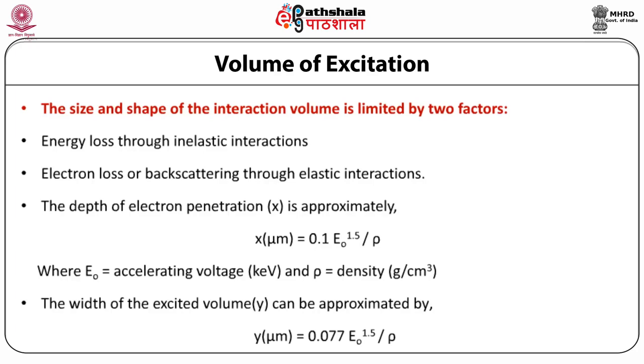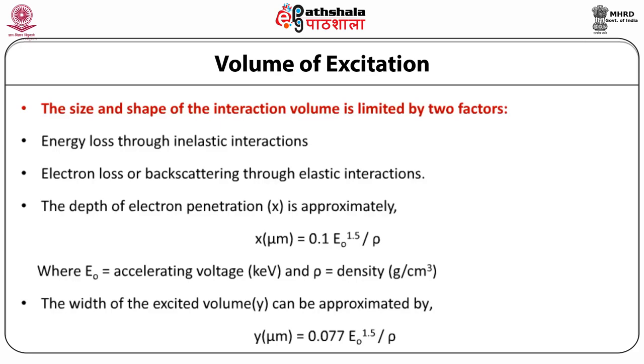Now, the factors influencing the interaction volume are: first, the influence of beam energy on the interaction volume. Here, as the beam energy is increased, the electron beam can penetrate to greater depths. There is no significant change in the shape of the interaction volume with beam energy. Second, the influence of atomic number of the solid on the interaction volume.